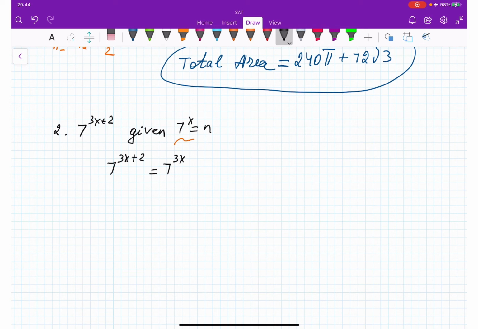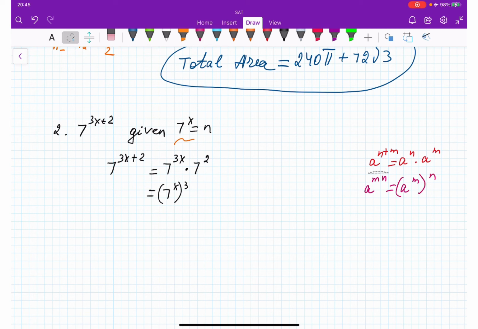7 to the power 3x times 7 to the power 2, right? Because we know a to the power n plus m is equal to a to the power n times a to the power m, properties of exponents. All right. So from here, 7 to the power 3x, can I write down 7 to the power x, to the power 3? And that's the formula: a to the power mn is equal to a to the power m raised to the power n.